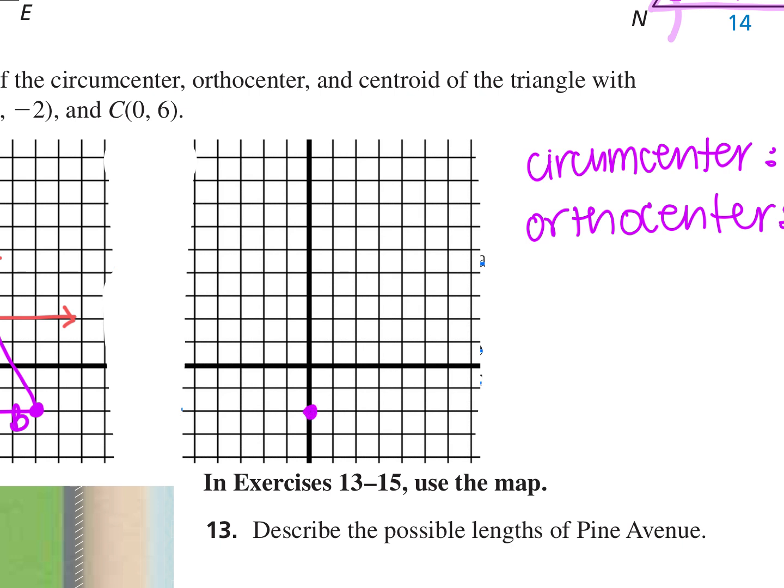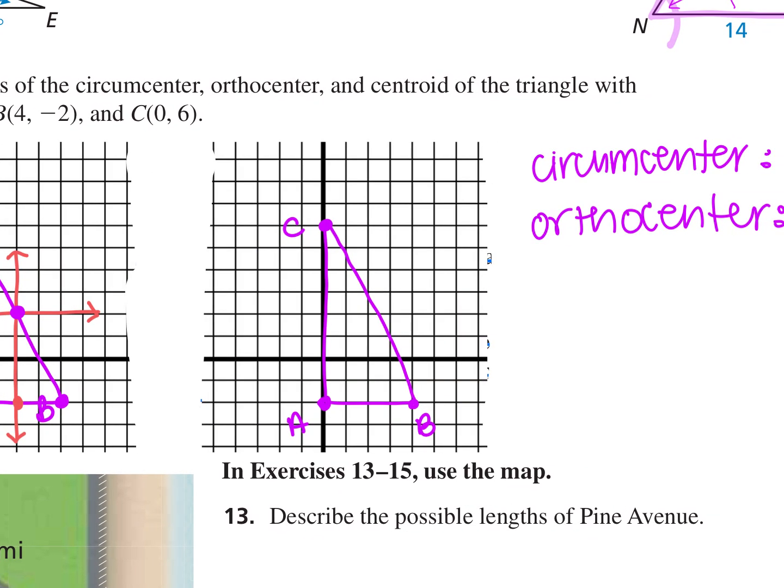So here's A, here's B, and then 1, 2, 3, 4, 5, 6. Here is my C. And again, I'm going to go ahead and connect my dots as best as possible. So orthocenter, if it is a right triangle, where is my orthocenter?